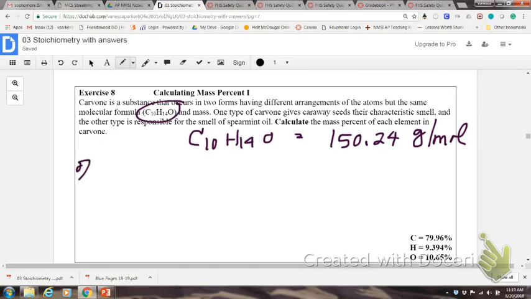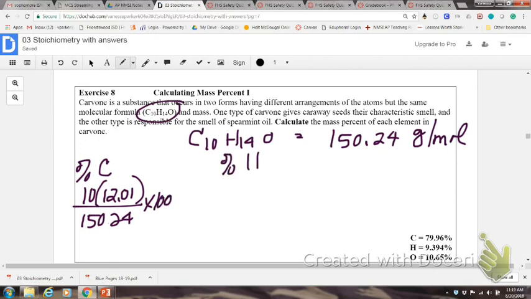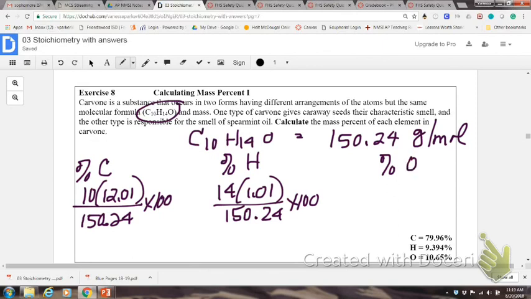And then we're going to figure out for carbon. So we're going to do 10 times 12.01 divided by 150.24 times 100. The percent of hydrogen will be 14 times 1.01 divided by the molar mass. Does this ring a bell? Even if it doesn't, it's a simple math problem, really, right?